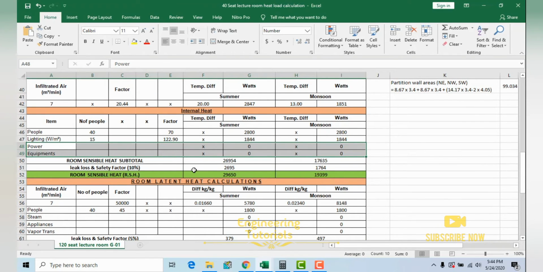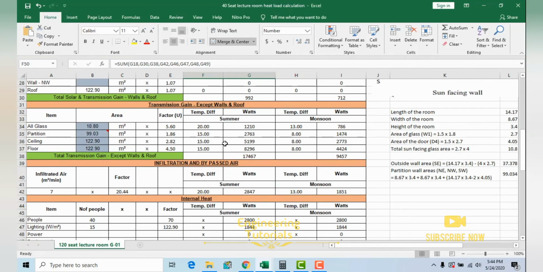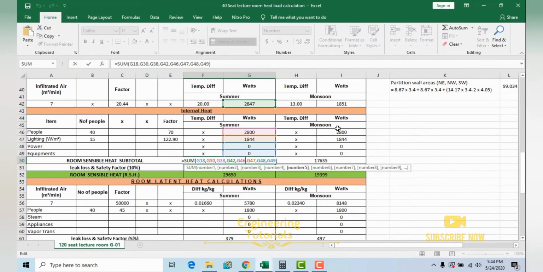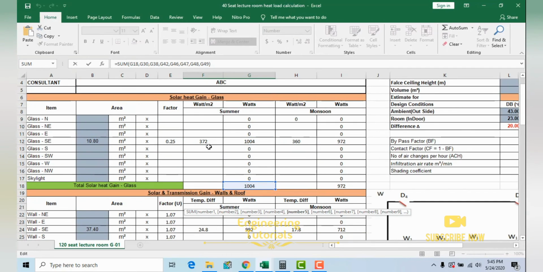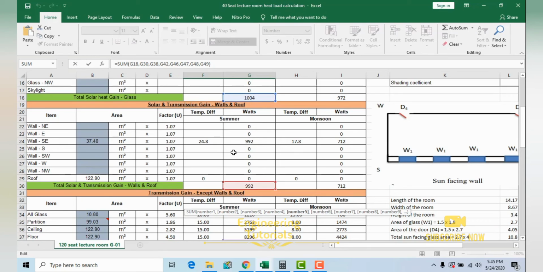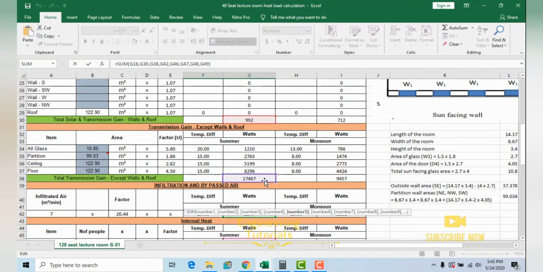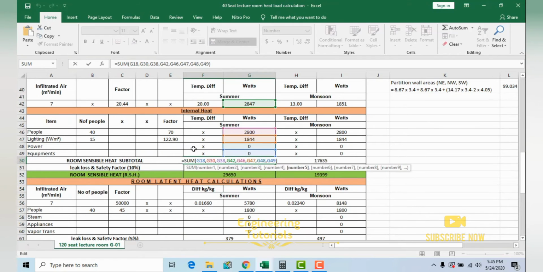Now for the total sensible heat load, we need to sum up all the loads which we have calculated above, that is solar heat gain, transmission heat gain for the walls and the roof, for glass, partition, ceiling, and then infiltration load, and the load due to the people and lighting.